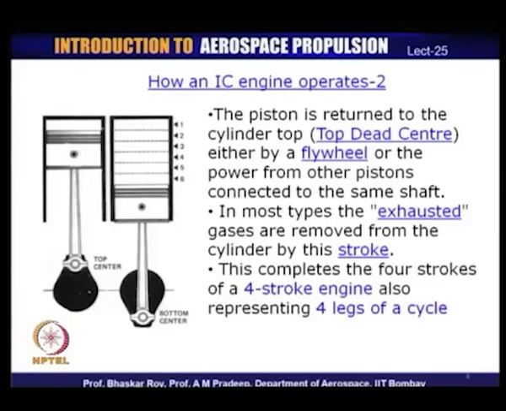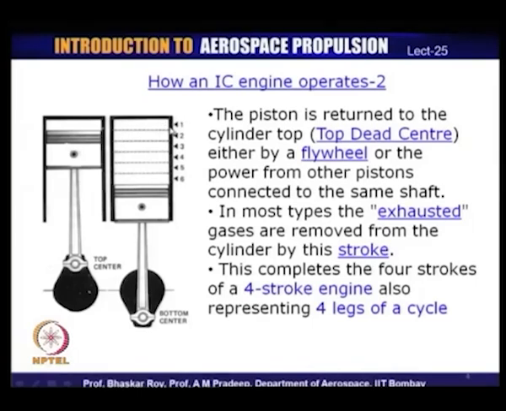So, we need to get rid of this gas, and this is done by what is known as the exhaust stroke. In this exhaust stroke, the piston now starts moving upward, and as it moves upward, the gas which fills the entire cylinder gets exhausted through one of the exhaust valves, and as a result the used up gas is sent out of the cylinder.